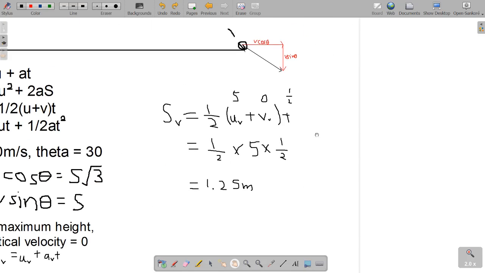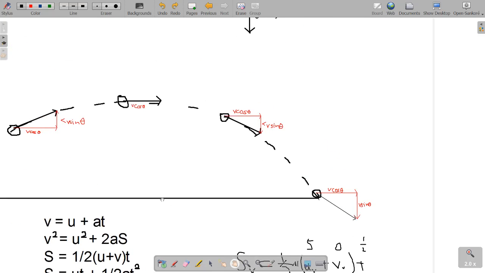So that means I'll draw it here. So this is 1.25 meters.